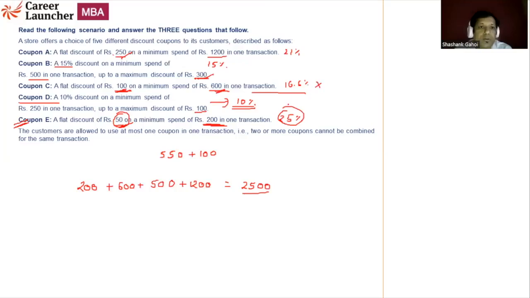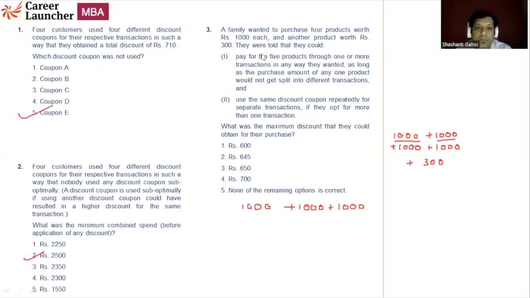So I'm not going to use C, and I'm not going to use D because it gives me 10% at 1000. So anyhow, it is not going to give me the maximum percent. So what I am going to use, I am going to take this one and I am going to take this. So I am going to divide it into 1,000 and 1,300.